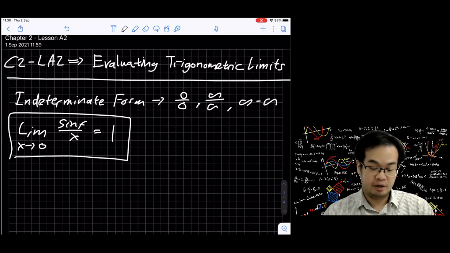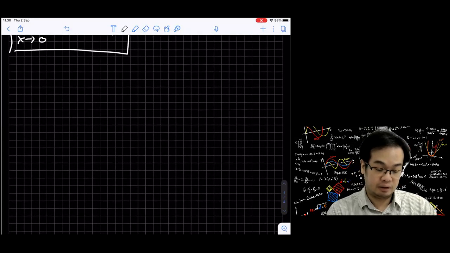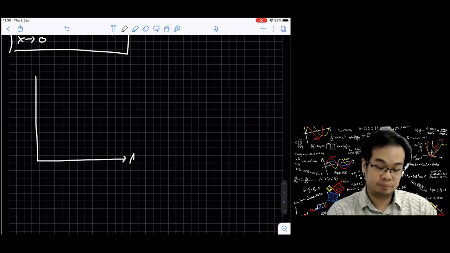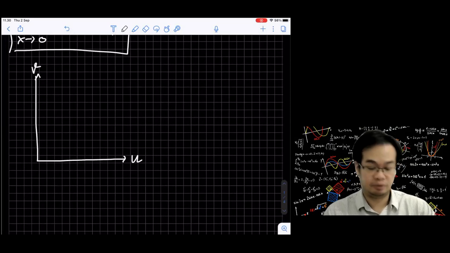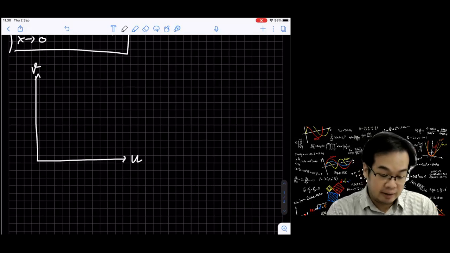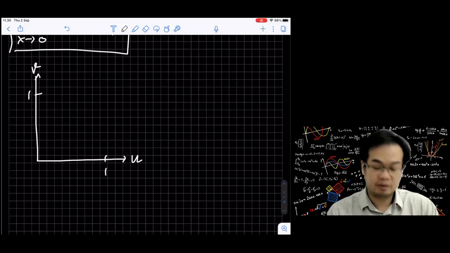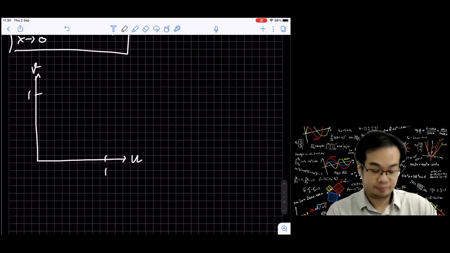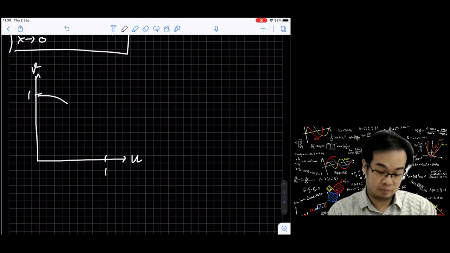Yeah. So to prove it, I need to draw this UV coordinate system. I hope you still remember the UV coordinate system and how it is different from the XY coordinate system. And then I will draw a quarter circle where the radius is 1.